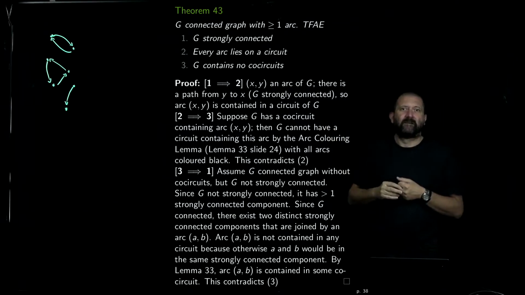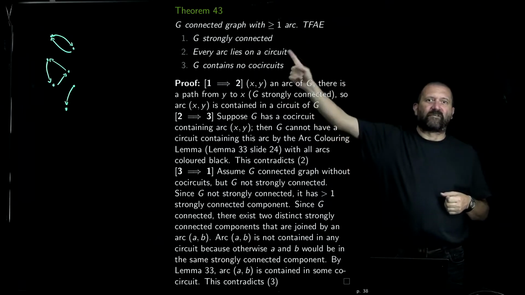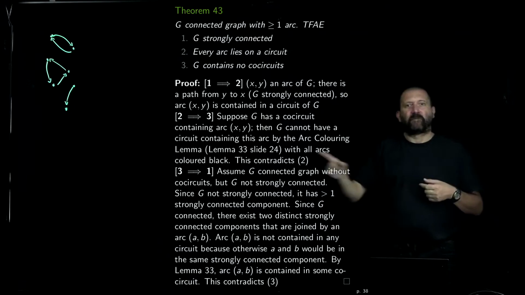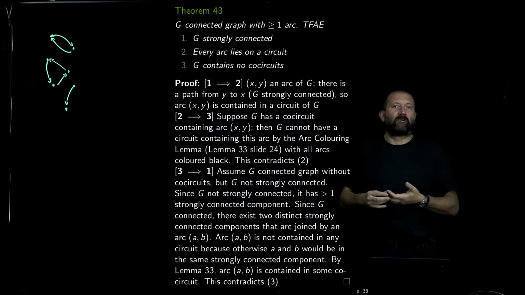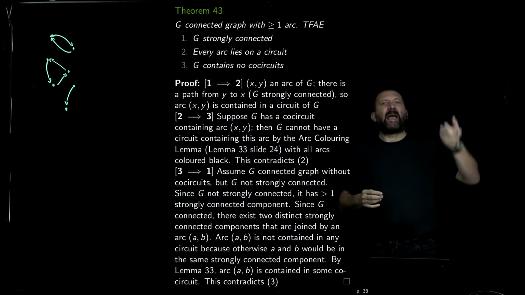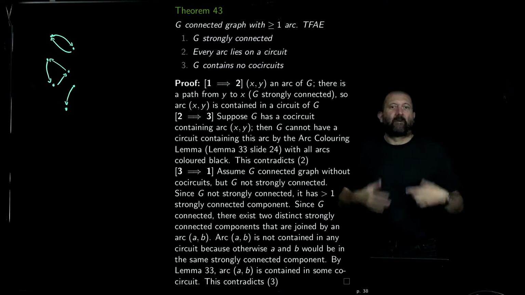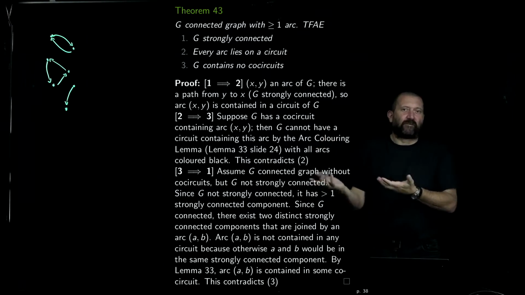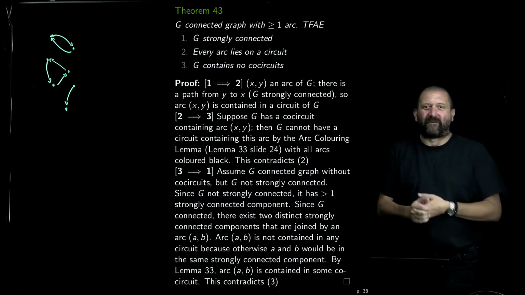And lastly, to show that if we have no co-circuits, G is strongly connected, we proceed as follows. Suppose I have a connected graph that has no co-circuits and is not strongly connected. When you start like this, you know that what you're going for is a contradiction.